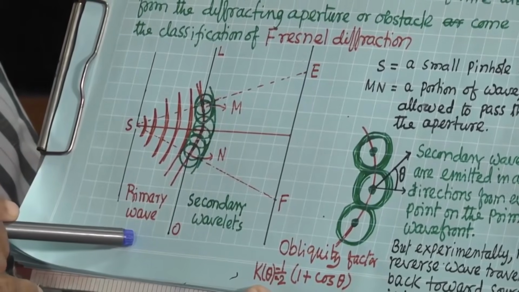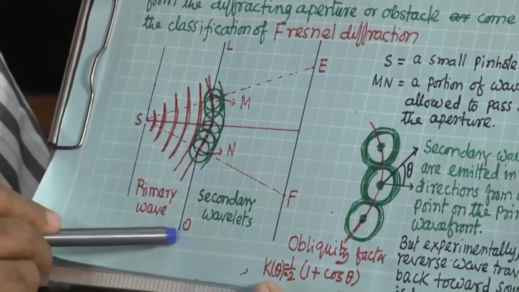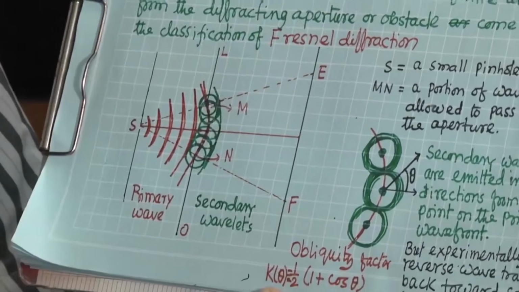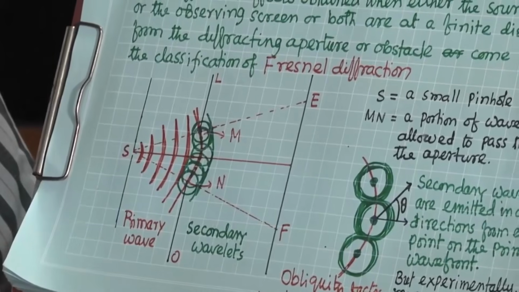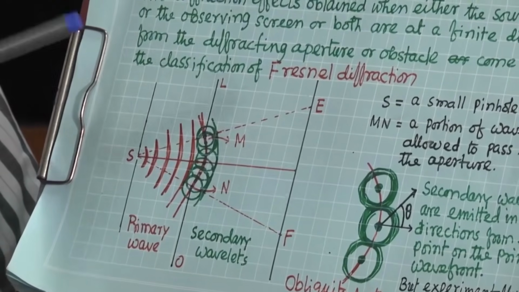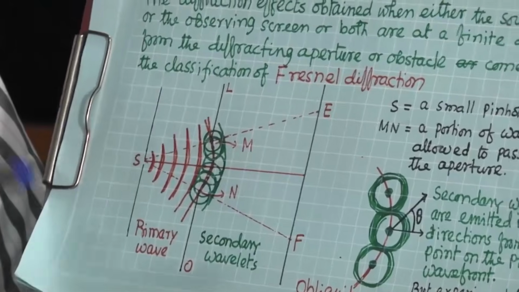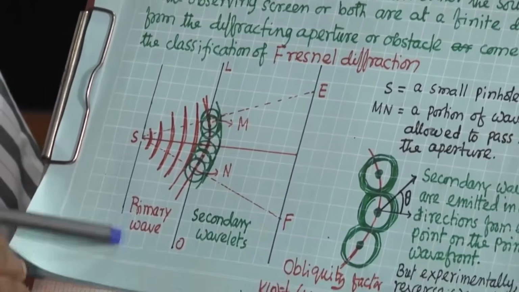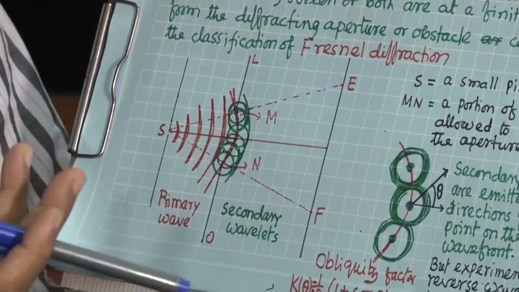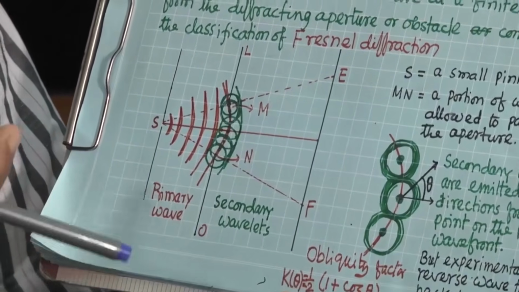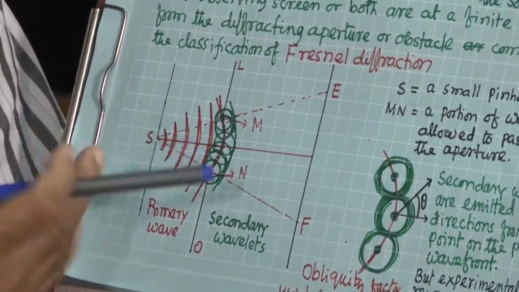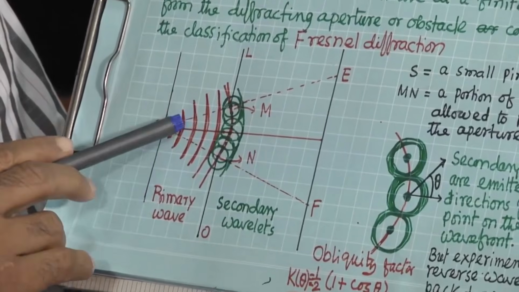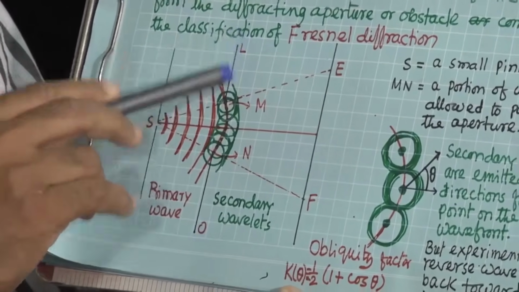If there is an aperture whose dimension is comparable to the wavelength, only then will you see diffraction. If the aperture is very big compared to the wavelength, you will not see diffraction.